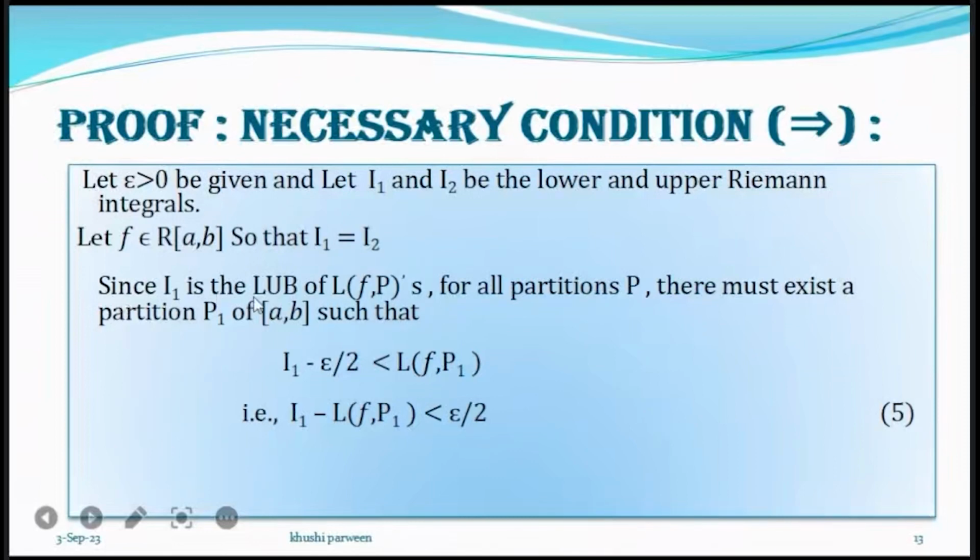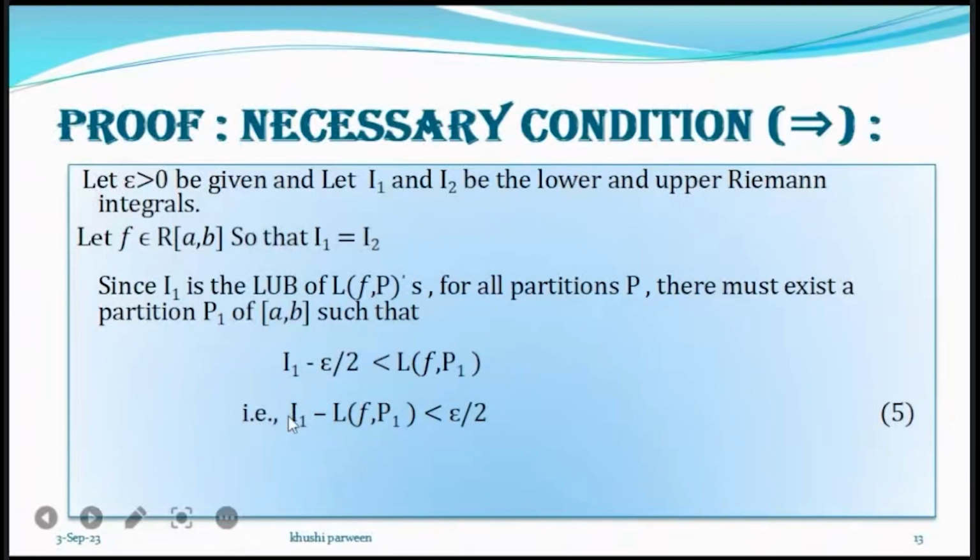Since I1 is the least upper bound of the lower Darboux sums for all partitions P, there must exist a partition P1 of the closed interval [a, b] such that I1 minus epsilon by 2 is less than the lower Darboux sum. This is from the Darboux theorem of integrability.